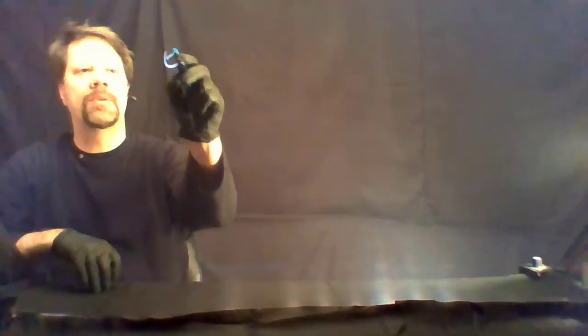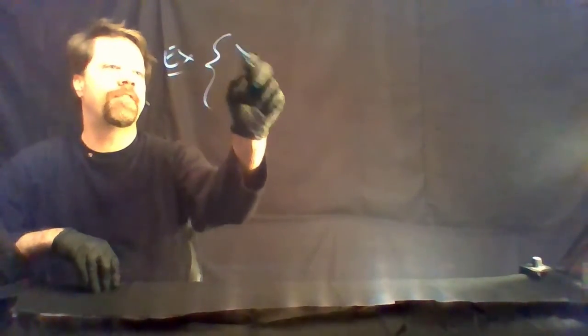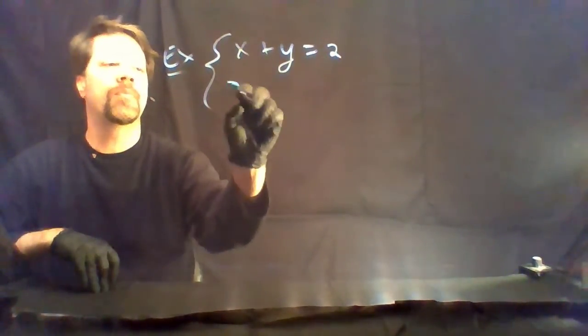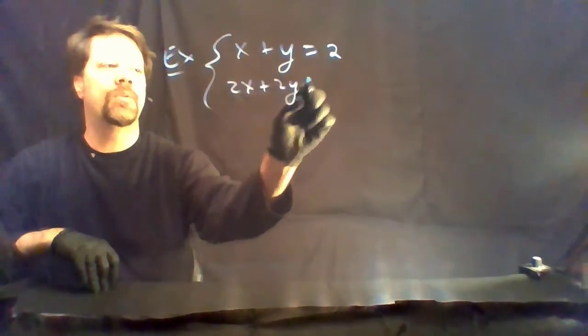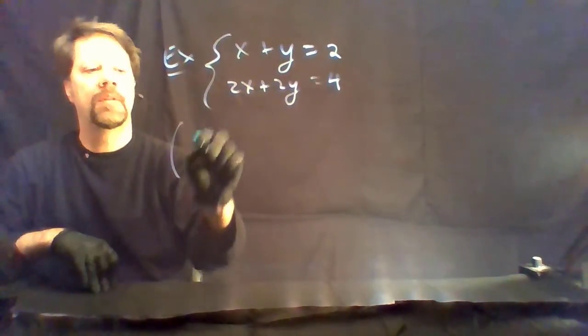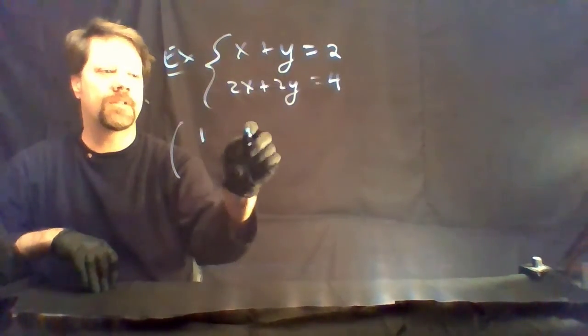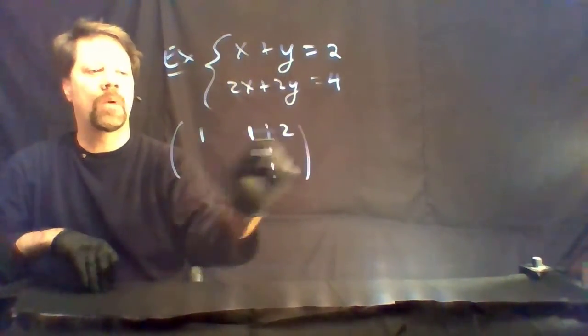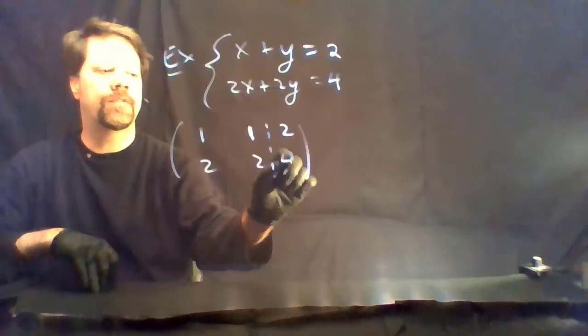So for example, let's suppose we have x plus y equals, say, 2, 2x plus 2y equals 4. The equation starts off in an augmented array, 1, 1, 2, 2, 2, 4.